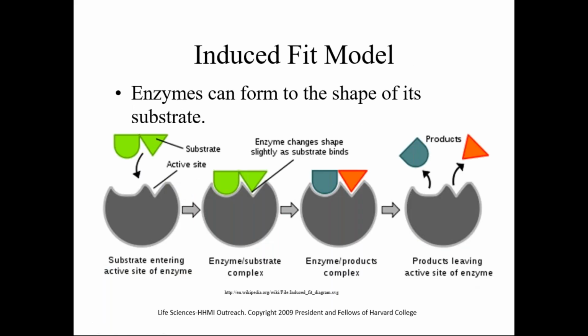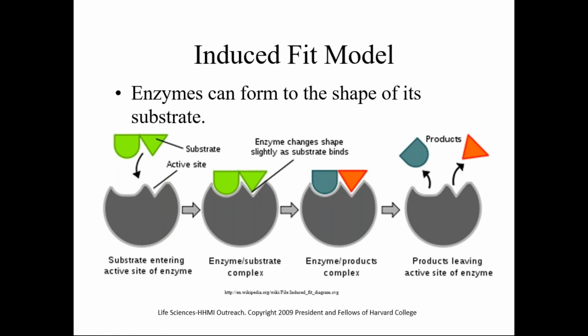And then you have another hypothesis, which is called the induced fit model, where you have an enzyme, and when the substrate comes and binds, the enzyme undergoes a conformational change so that it can actually accommodate the substrate. That is an induced fit model.